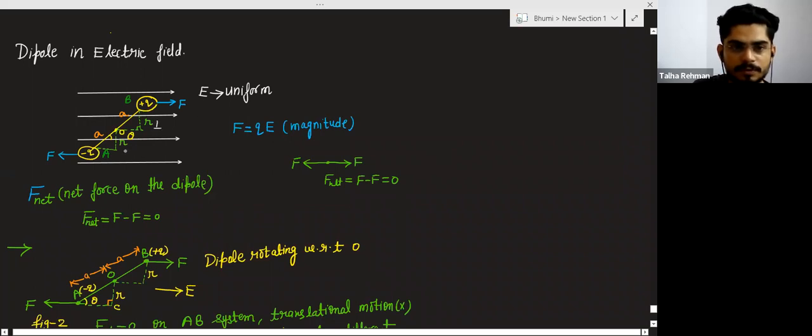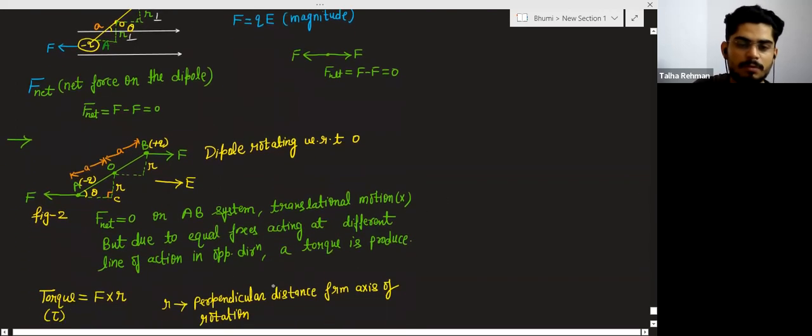This is r perpendicular. You can write it.